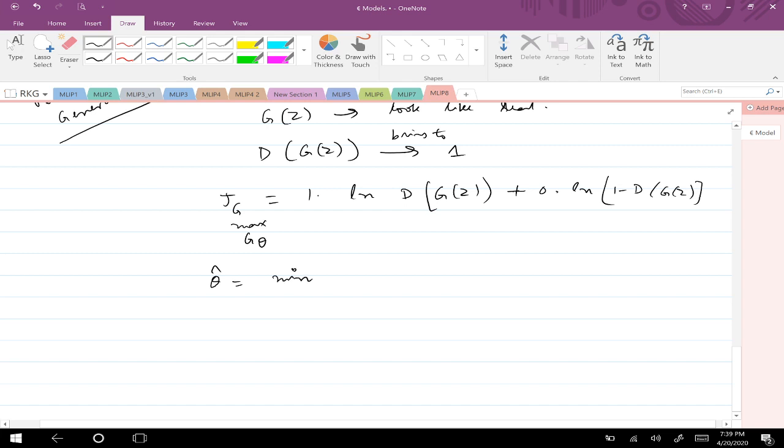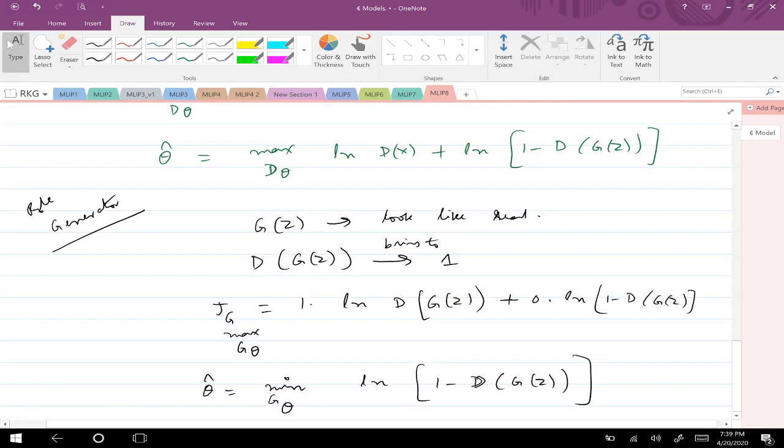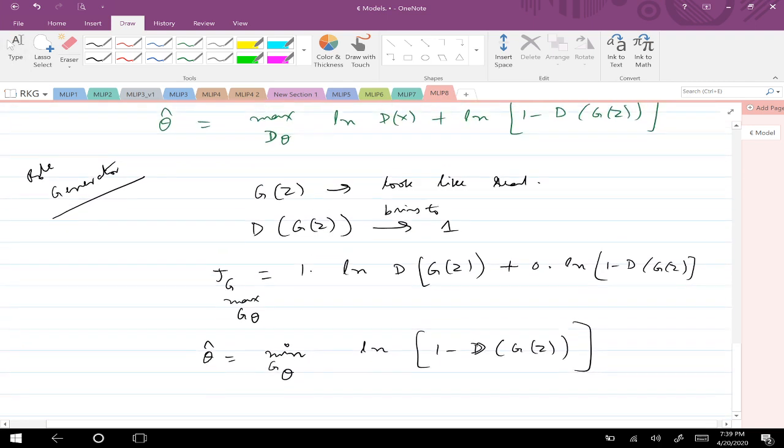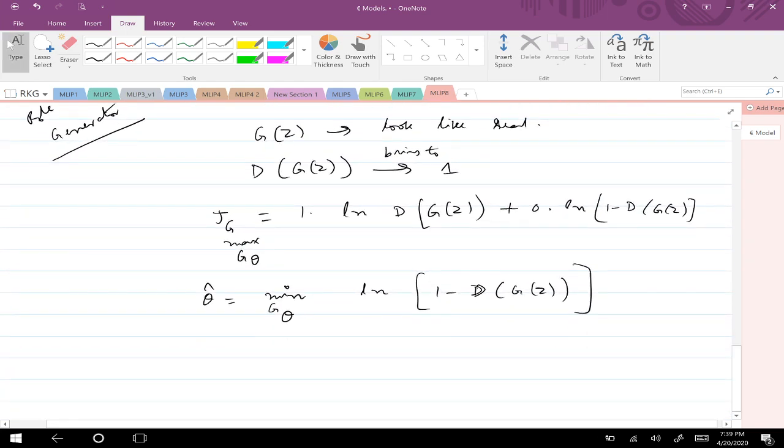I am just writing a dual cost function, ln of 1 minus D of G of Z. Can you guess why? Because the cost function in the discriminator already has this term. I would like to bring this term in a similar fashion, so I have written another version of the same cost function.